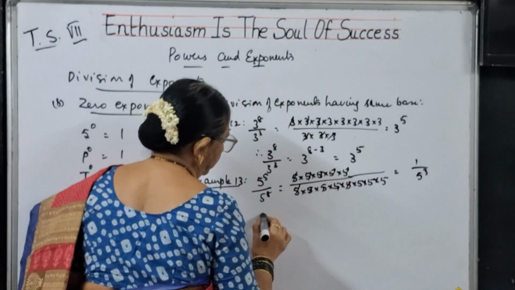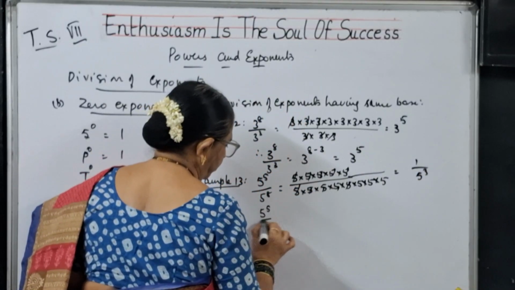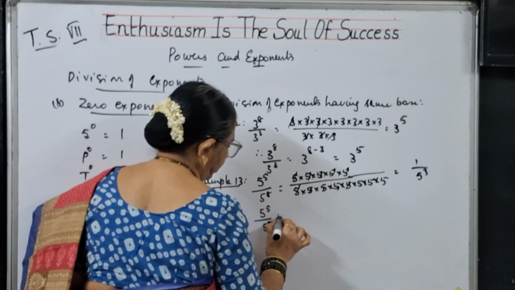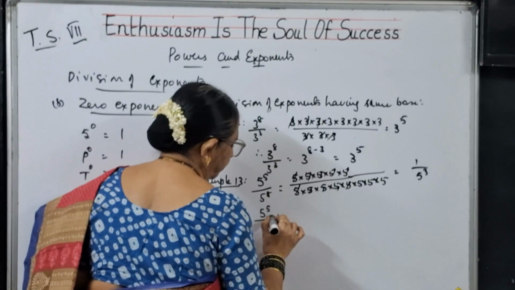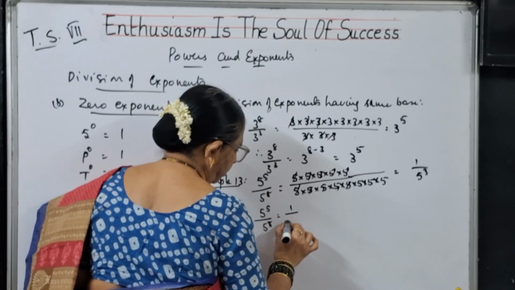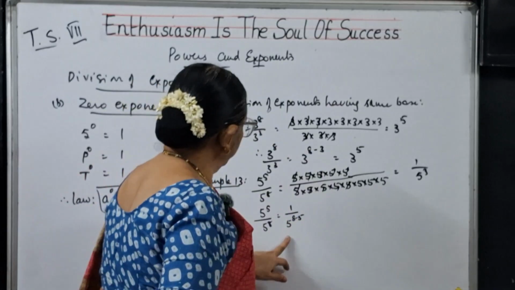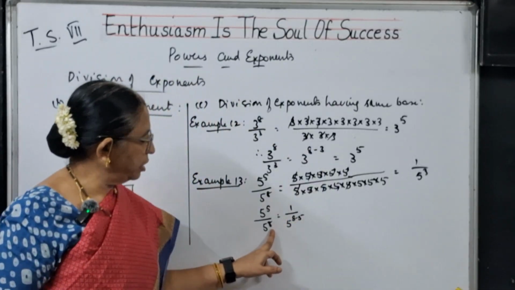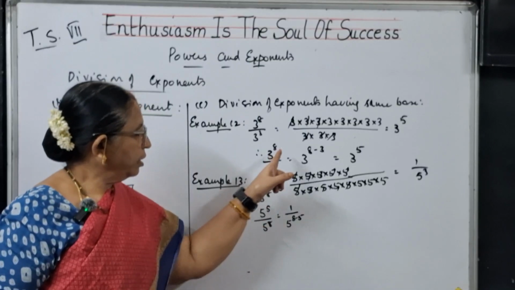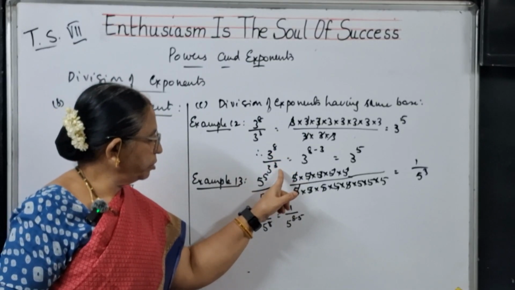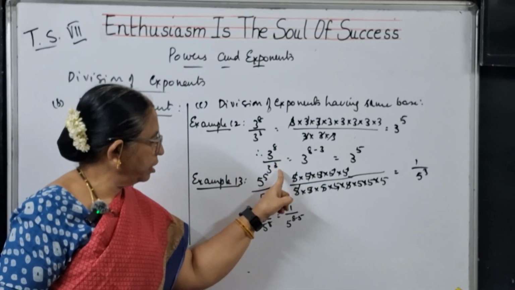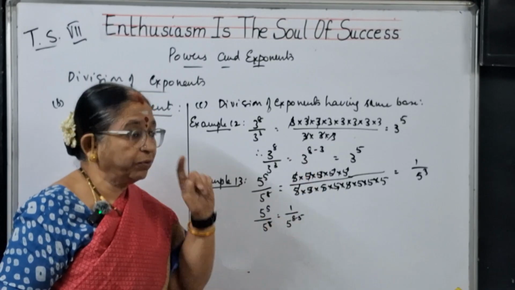So what you can say, 5 to the power of 5 by 5 to the power of 8 is equal to 1 by 5 to the power of 8 minus 5. Why did I write so? Because here the denominator has more powers than the numerator. In the earlier case the numerator was more than the denominator, so only the numerator was written.